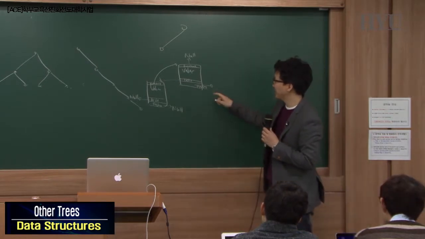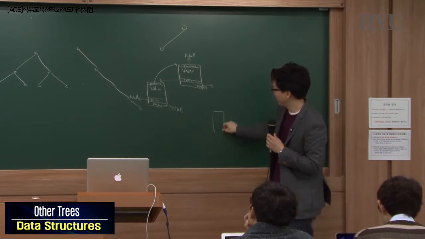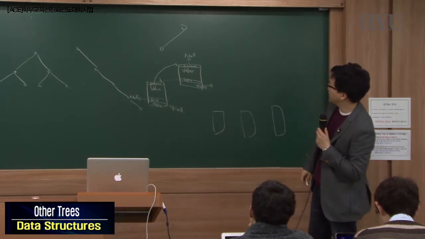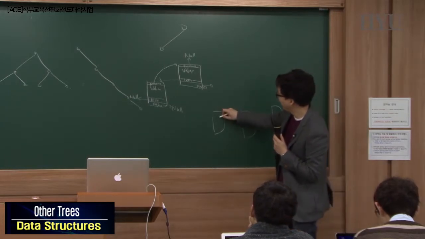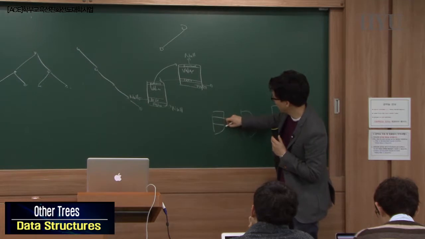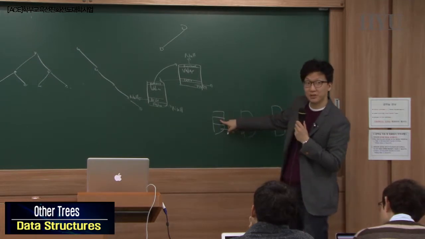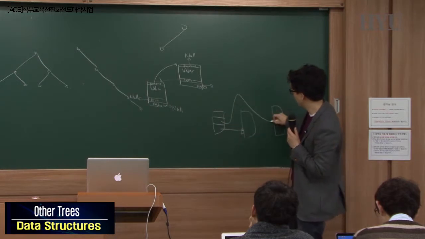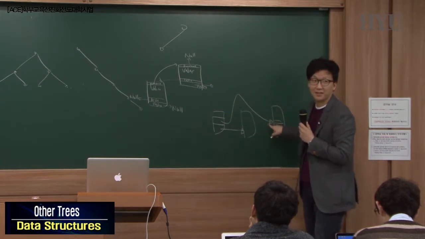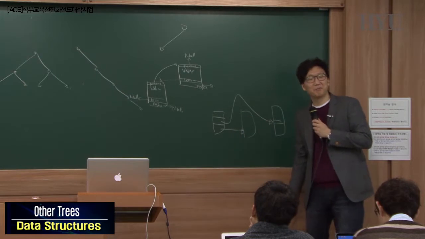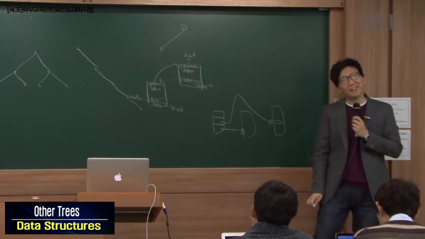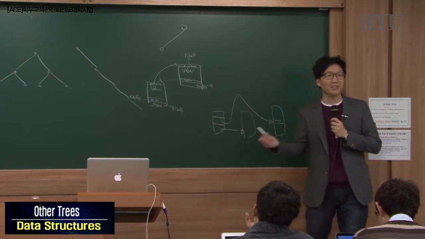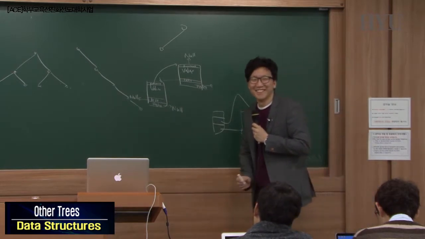Maybe, yeah. Skip list. Oh, skip. Okay, then maybe this is a root. Left. This pointer is right, maybe. Yeah, that's good too. I don't know how to draw it. Do you want to come and draw it?